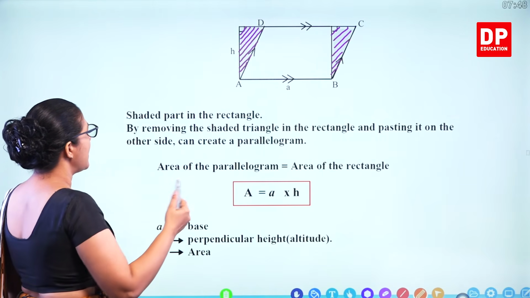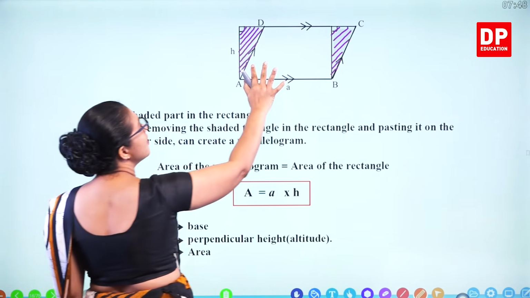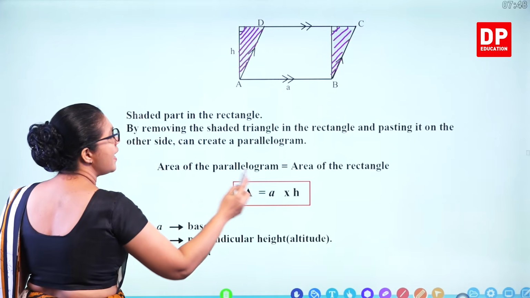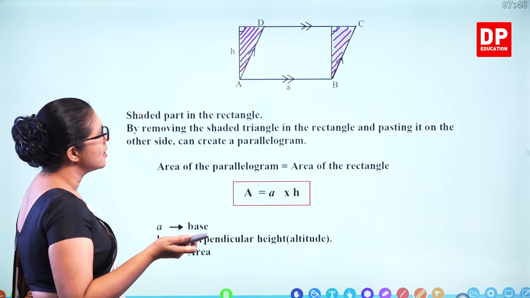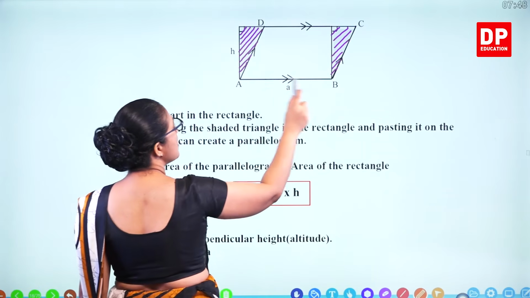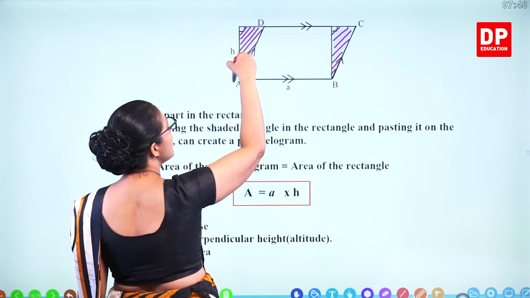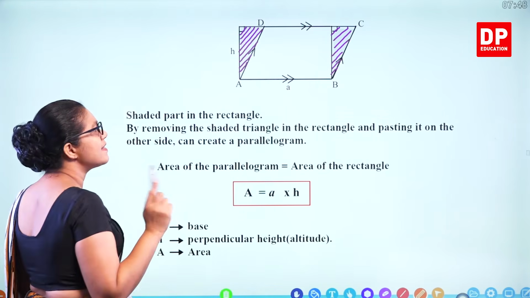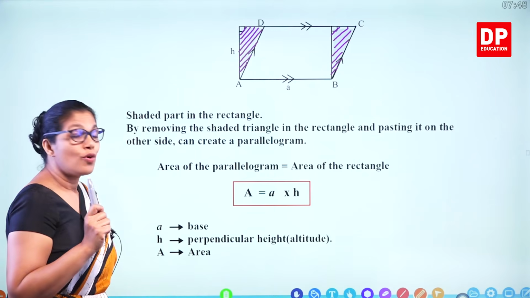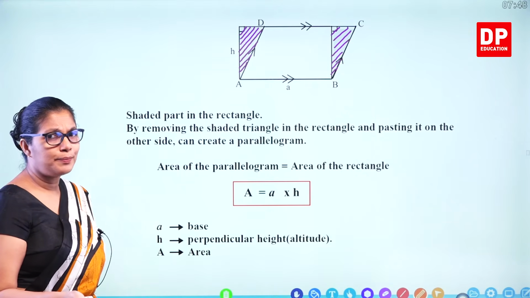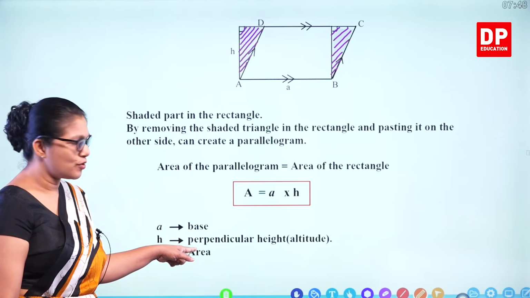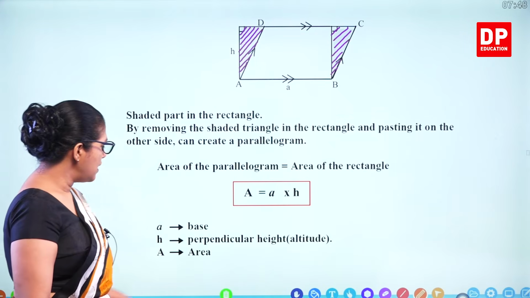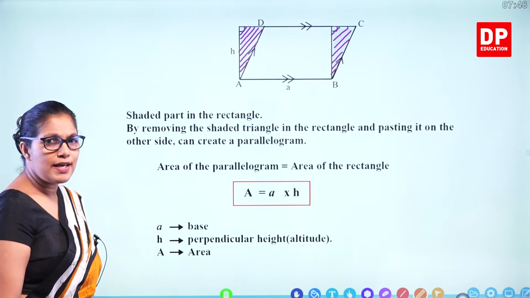So we can say the area of the parallelogram is A into H. A is the base length and the perpendicular height to that is H. So what's the area of a parallelogram? If you know the base and the perpendicular height to that, which you call the altitude, you can find the area.